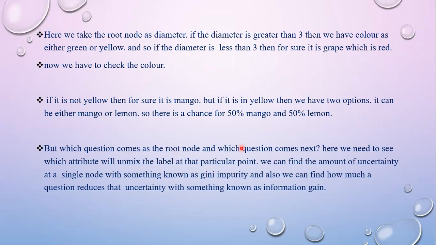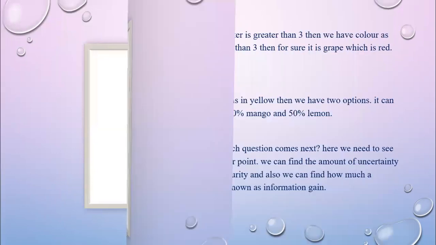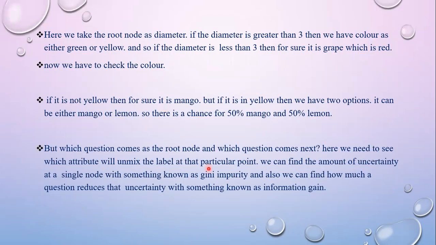We need to see which attribute will unmix the labels at a particular point. This is very important. We can find the amount of uncertainty at a single node with something known as impurity, and we can find how much a question reduces that uncertainty with something known as information gain. Remember these things.